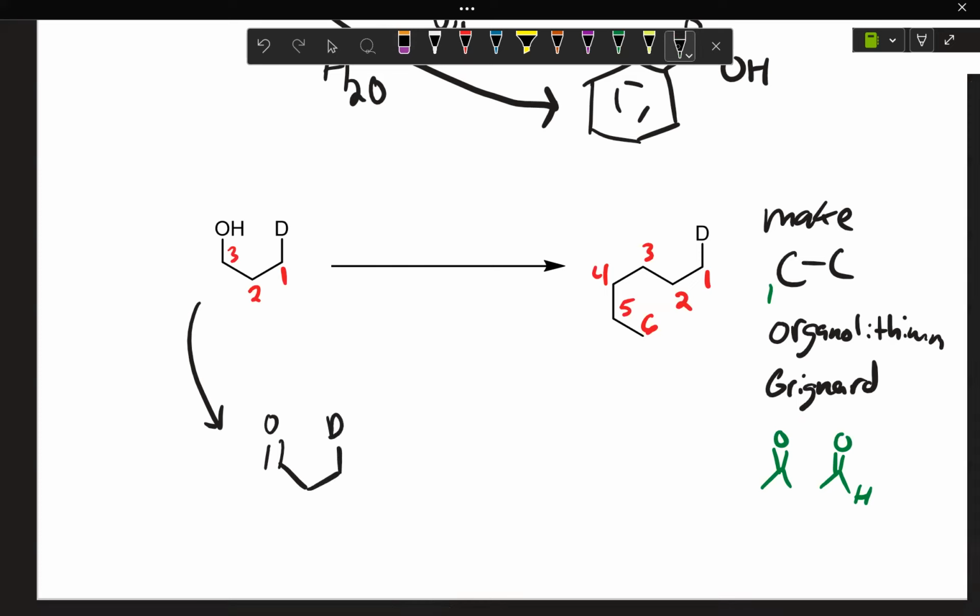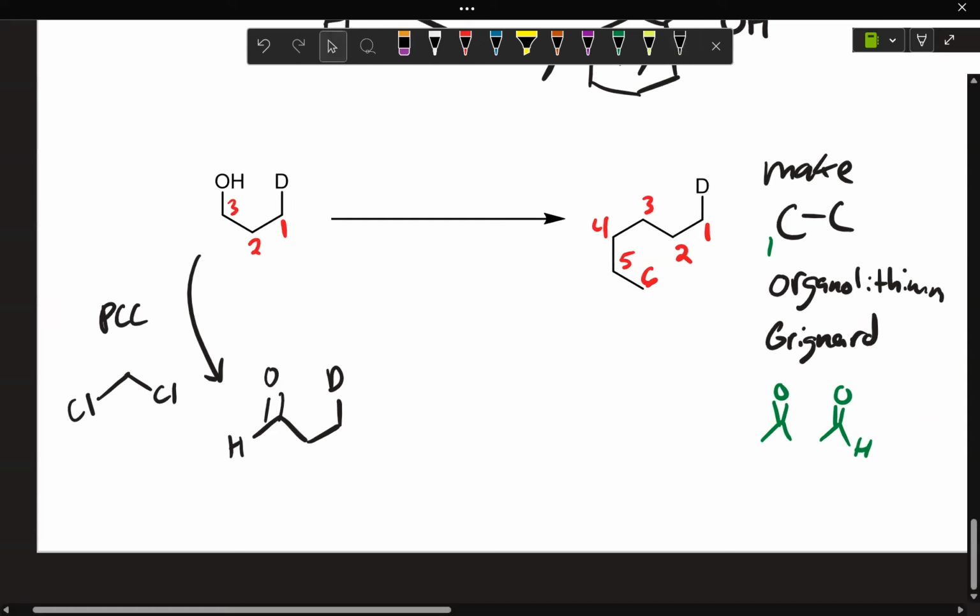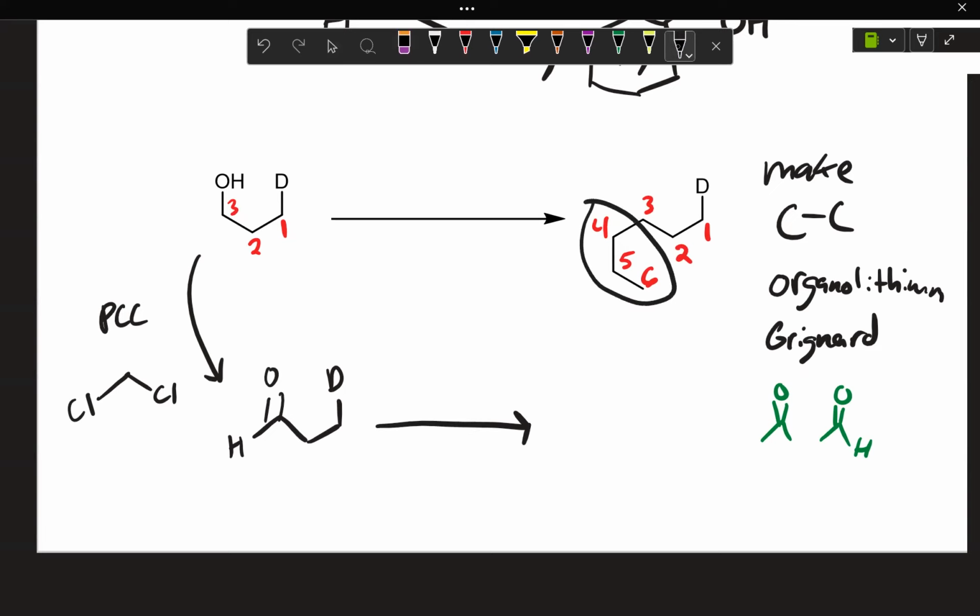If you can think of the reaction that does that, you would think PCC with methylene chloride. That would oxidize it to an aldehyde. So now we can make our carbon-carbon bond. I'm just going to use an organolithium. You could use a Grignard too. So we need to add on carbons 4, 5, and 6.